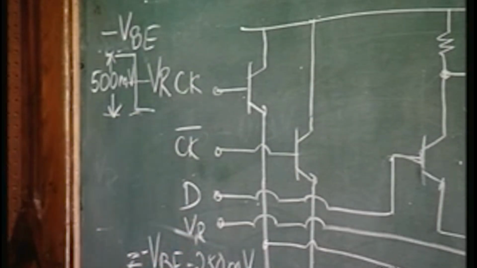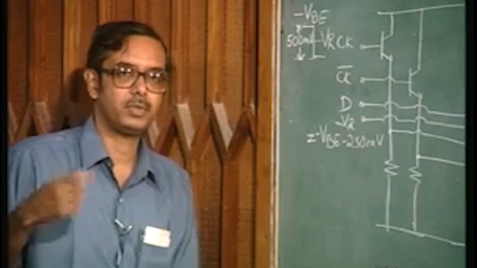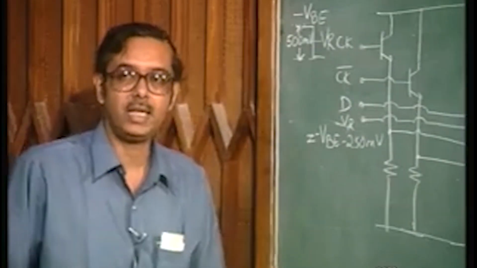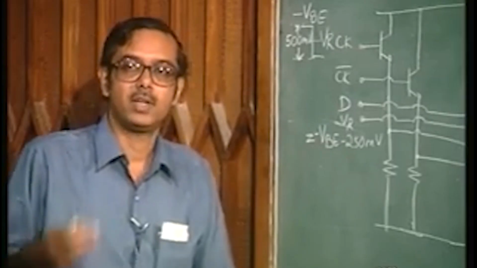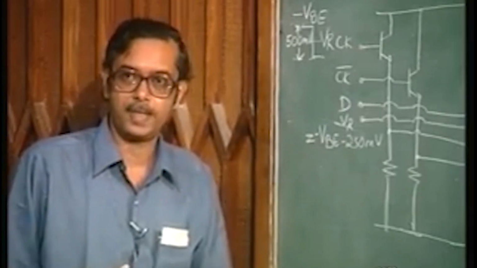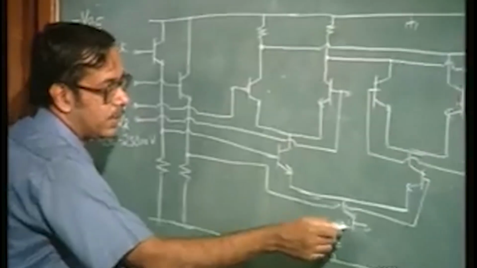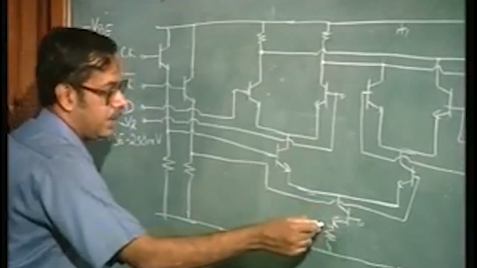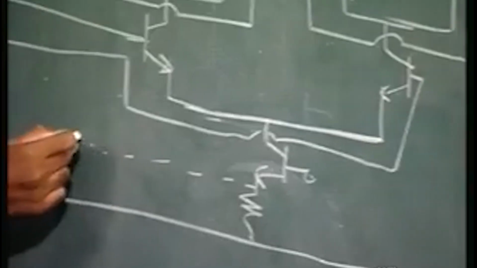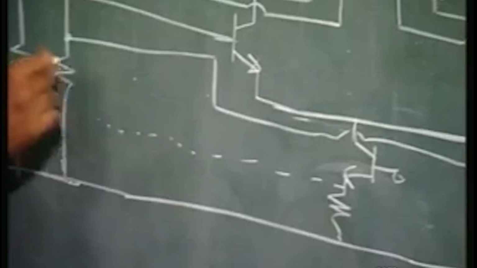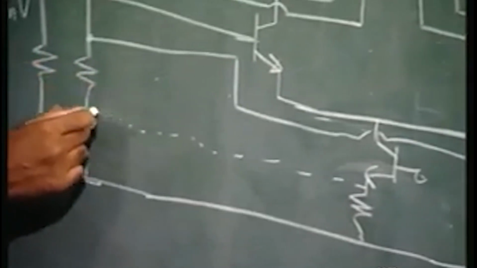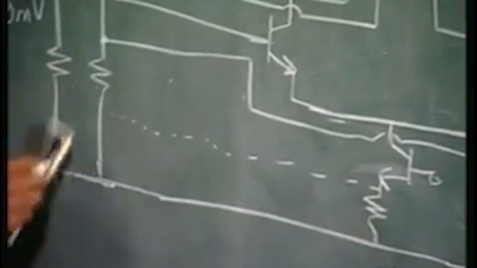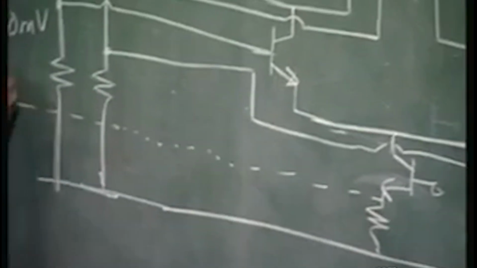Now, let us see what is the power supply requirement, or we should say what is the minimum value of VEE one requires for this circuit to operate. So, here you have a current source, this resistance, the drop across these resistances is one drop.